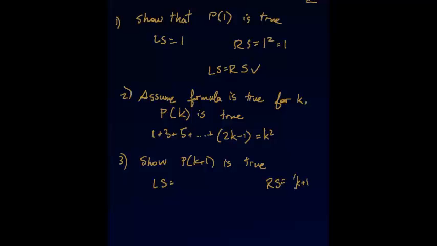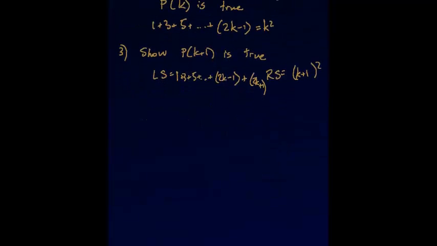The left side will be 1 plus 3 plus 5 all the way to 2k minus 1, and then plus the next term, which would be 2 times k plus 1 minus 1, which becomes 2k plus 1. So that's our left side.